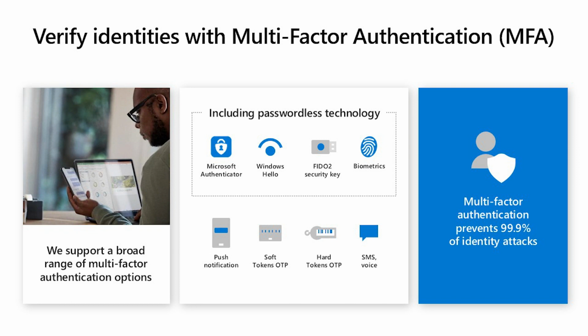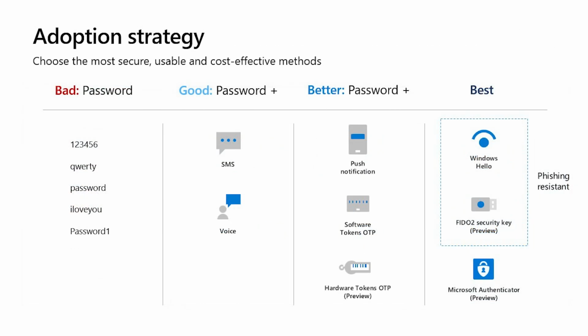As you're thinking about deploying multi-factor authentication and developing your strategy for authentication methods, you should deploy the most secure, usable, and cost-effective methods for your users. Telecom-based methods like SMS and voice can provide an additional layer of verification on top of passwords, but they are prone to other attacks, and end users need phone connectivity, and it may even cost the end users.